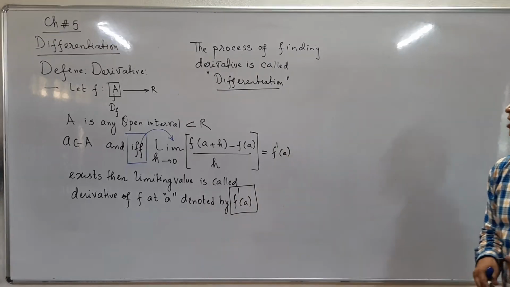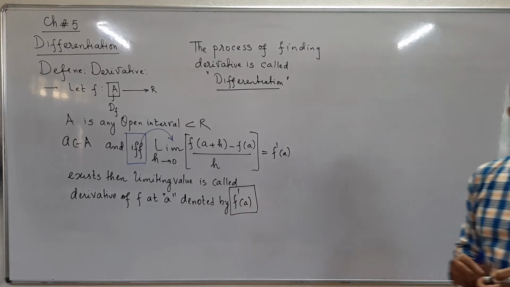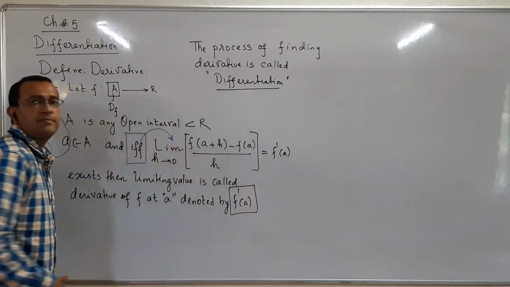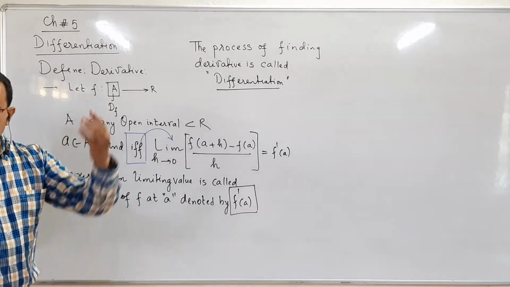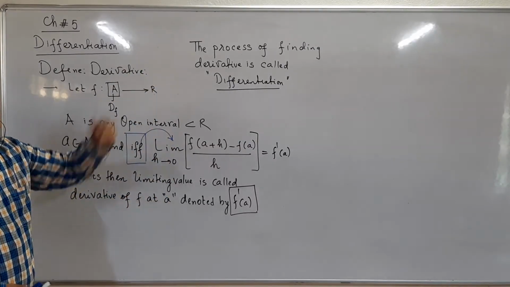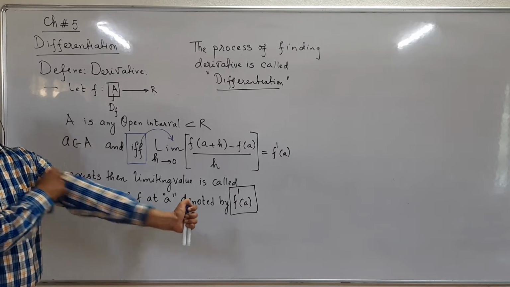What do you mean by the process of finding the derivative? It means whatever steps we do to find the limit, those steps involved in finding the limit are indirectly called differentiation.